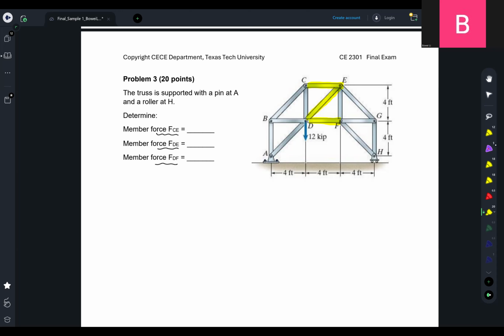Okay, so by the method of sections, essentially the idea is that we are going to draw a section here to cut through the members of our interest, right? So what are the members of our interest here?